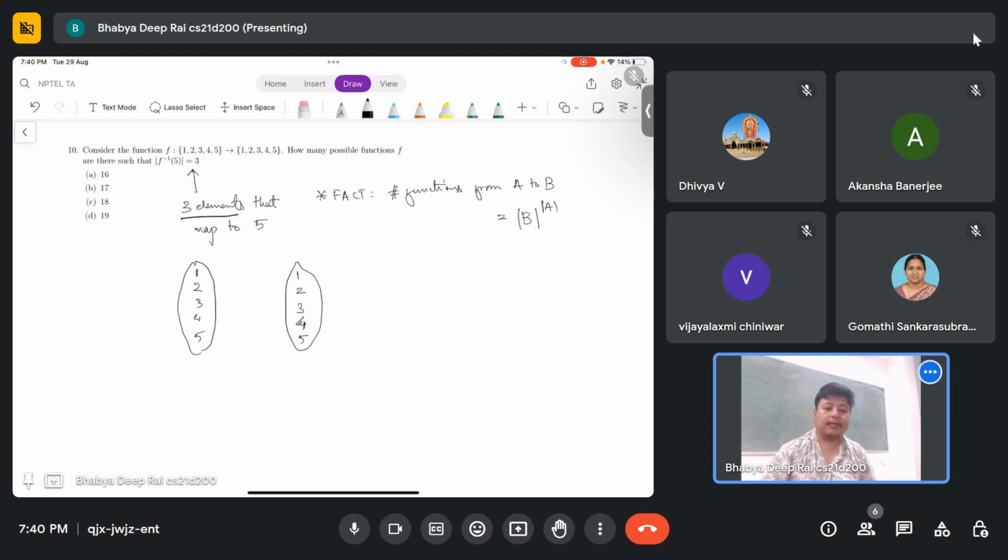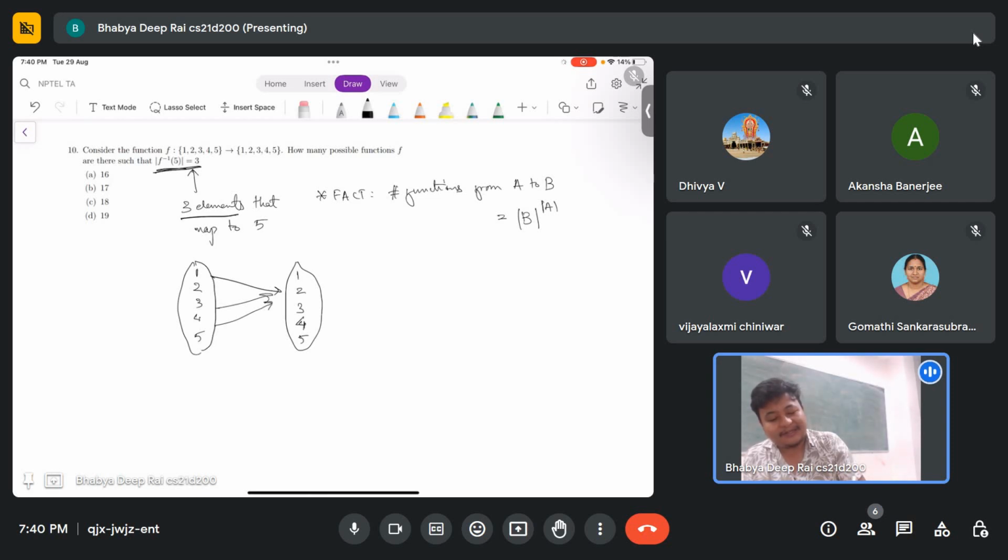I'm saying how many possible functions f are there such that f inverse of 5, the size of this set, is equal to 3. Now f inverse of 5 need not be a single element. It can be a set of elements, because we know in functions that several elements can map to the same element.